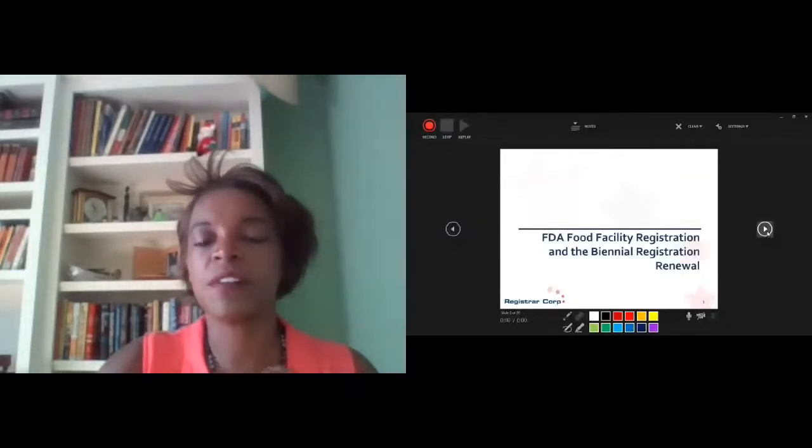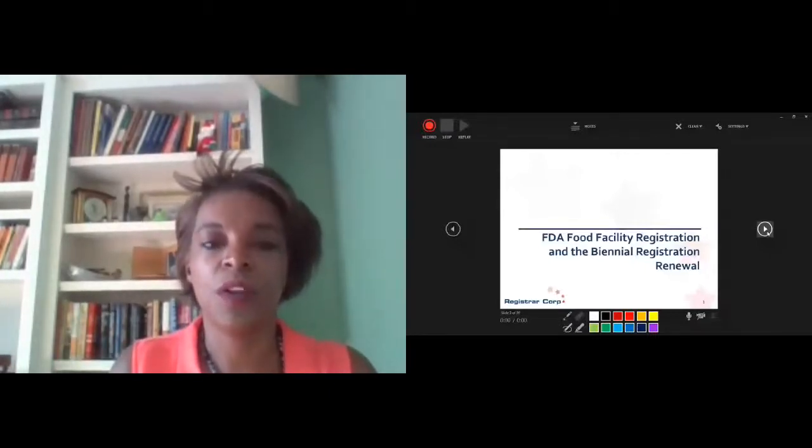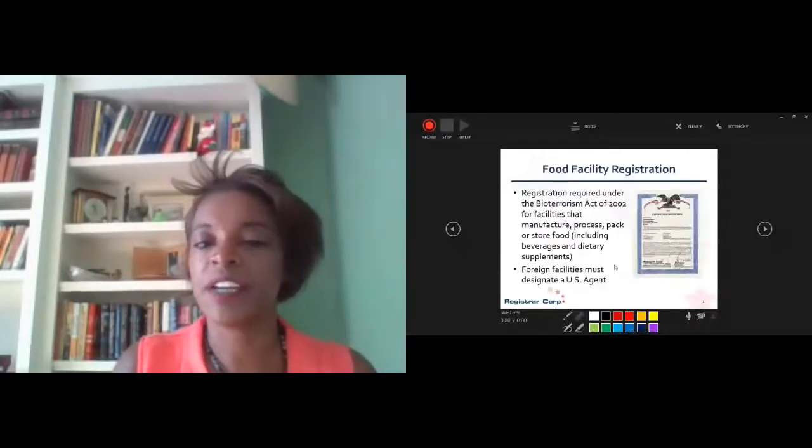So first of all, the food facility registration. This is the document that basically lets FDA know what you're doing at your facility. It lets you know where the food is coming from. It's an 11-digit number, and it says that you manufacture, process, pack, or store food for animal or human consumption. I get calls all the time and people say, do I need to register?